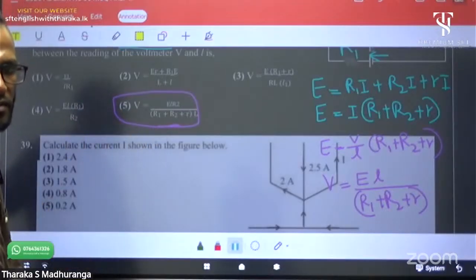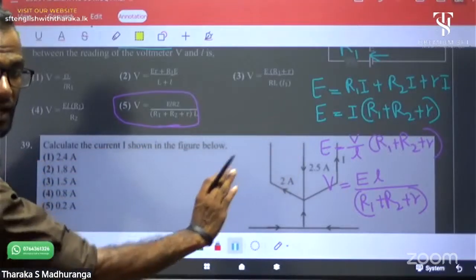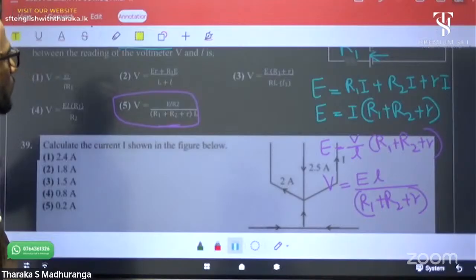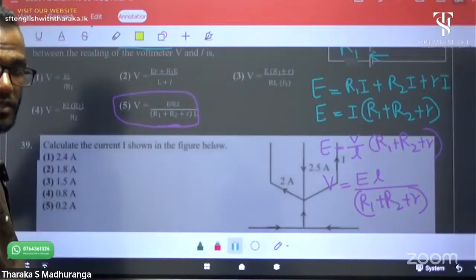Fifth one. EL over R1 plus R2 plus R3, simple R is the exact answer. But there is no such answer, therefore I got this approximate one. Right? Answer number 5. Understood? Fatima?